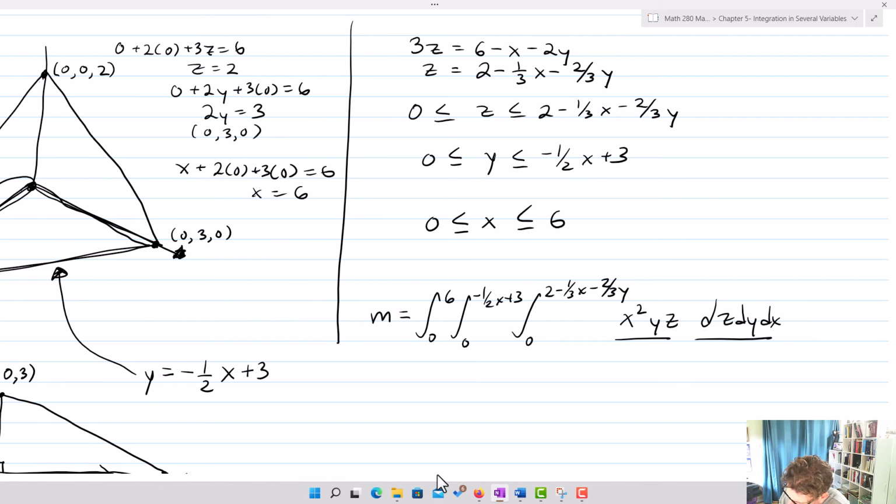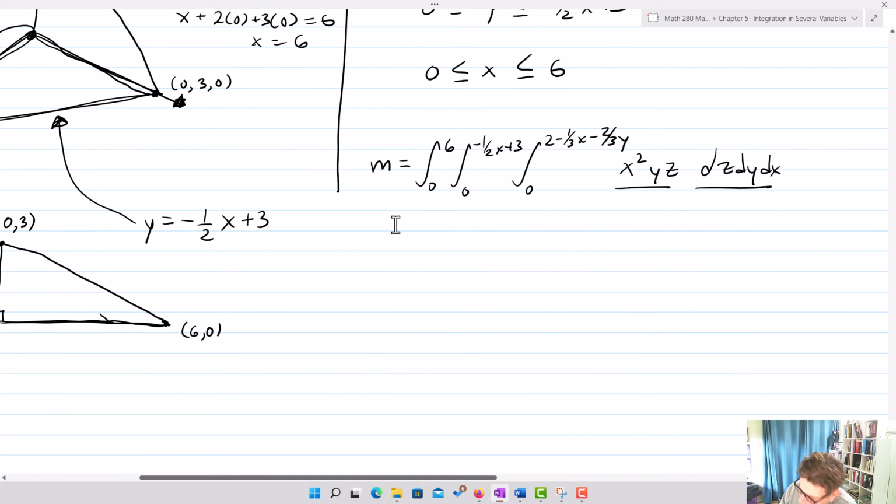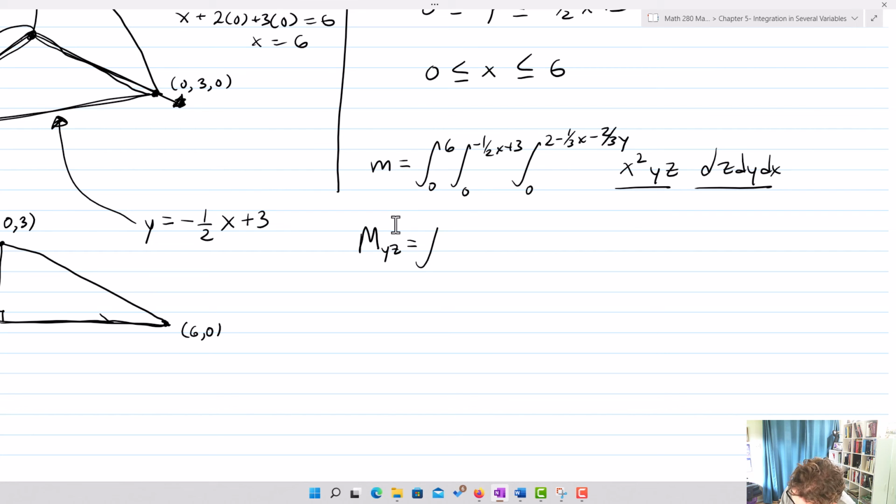Now let's find our moments with respect to each one of the planes. We'll start out with M of yz. M of yz is going to equal, same bounds, same region, 0 to 6, 0 to negative 1/2 x plus 3, 0 to 2 minus 1/3 x minus 2/3 y.